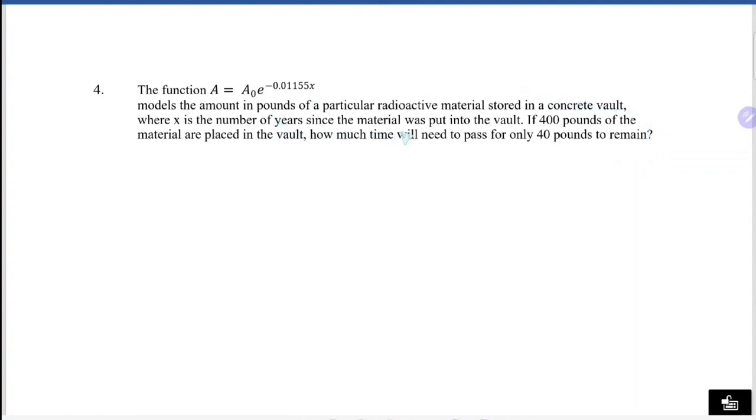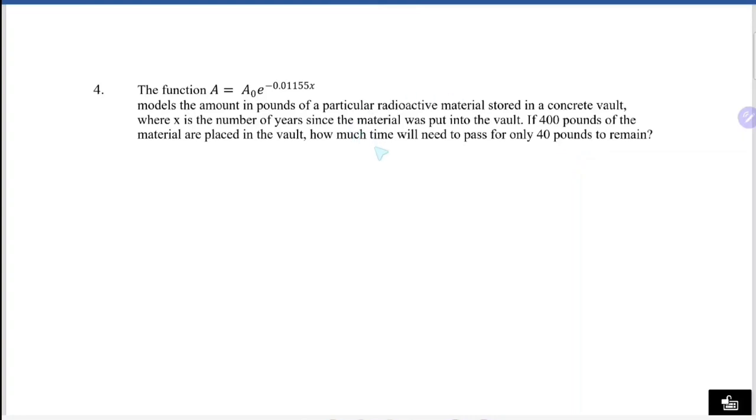So this particular problem is a decay model. We start with a certain amount of the material, and over time it decays and is reduced to just 40 pounds.